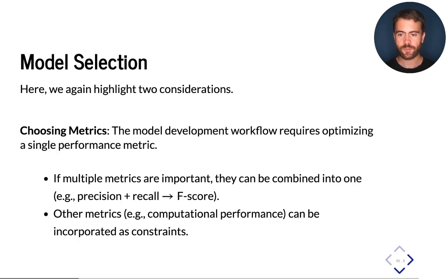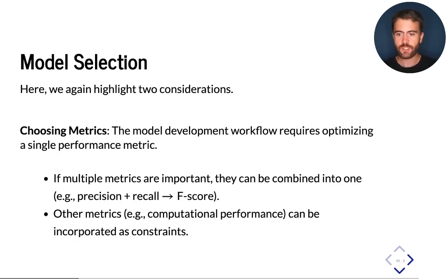We are going to see what precision and recall are later. And in order to iterate on the model in a principled way, we need to somehow combine all the considerations, all the metrics that we have, into a single number, a single master metric. This is just in order for us to be able to determine whether a particular change is useful or not.